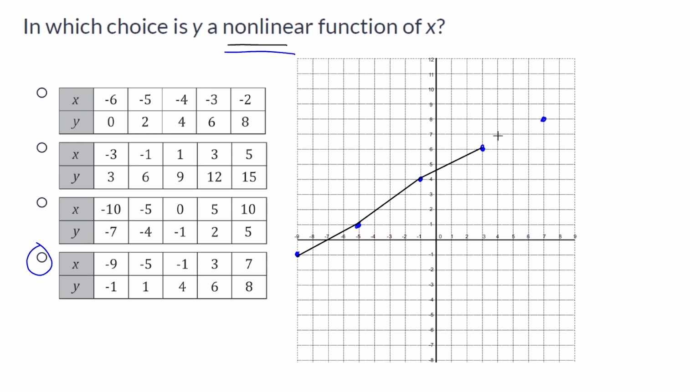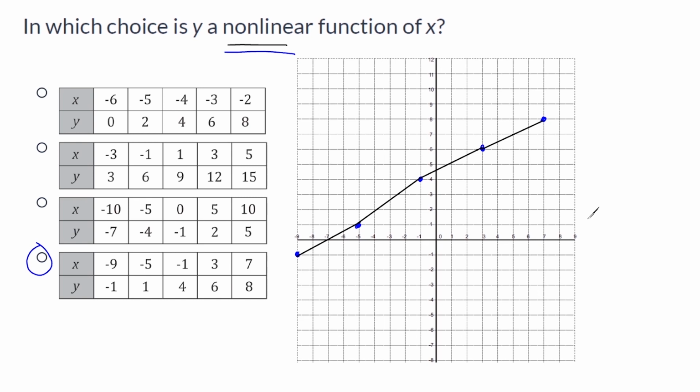And from here to here is also 2 over 4, which is 1/2. So all points have a rate of change of 1/2 except for between these 2 points right here. So we have close to a straight line. This is still a function, but it is not a linear function. So we should have selected this last choice right here.